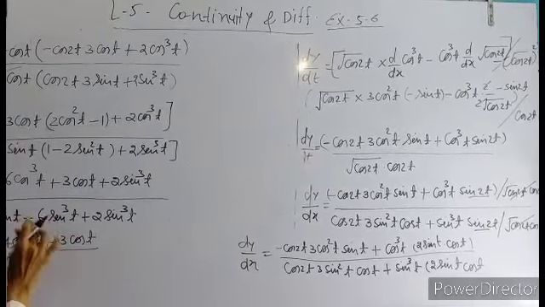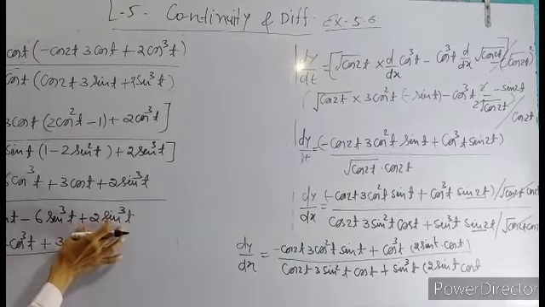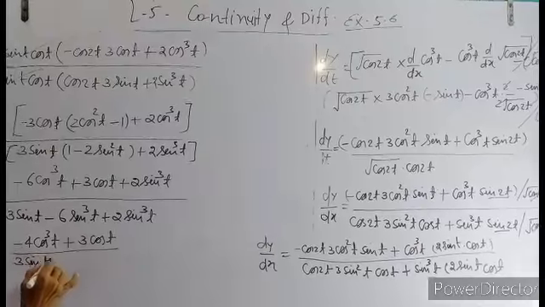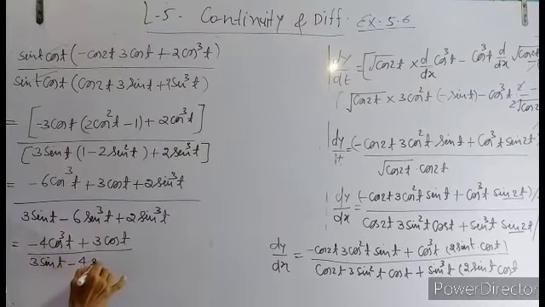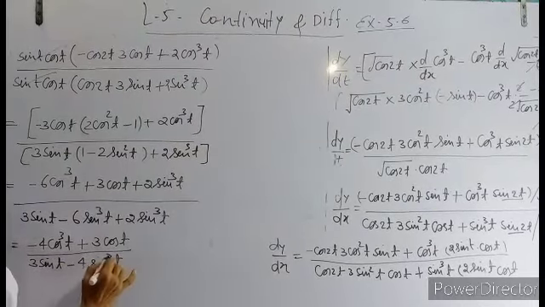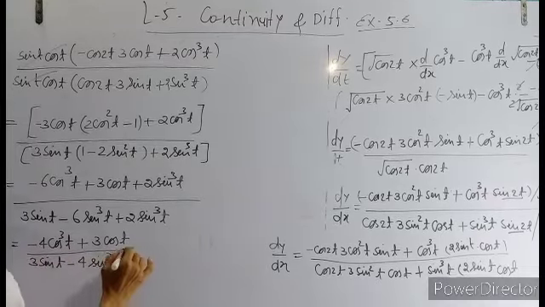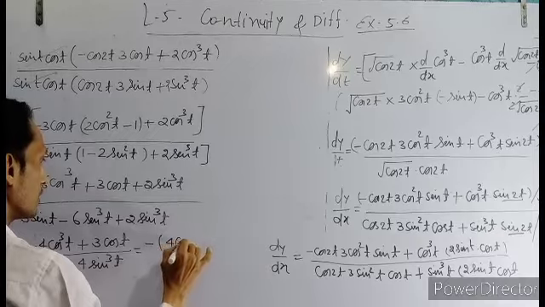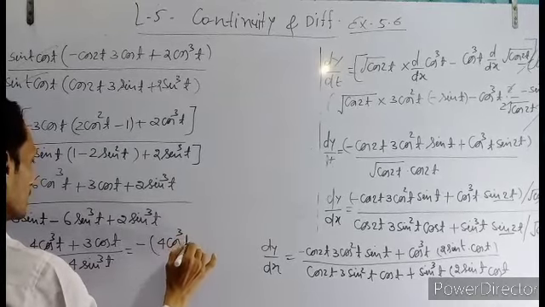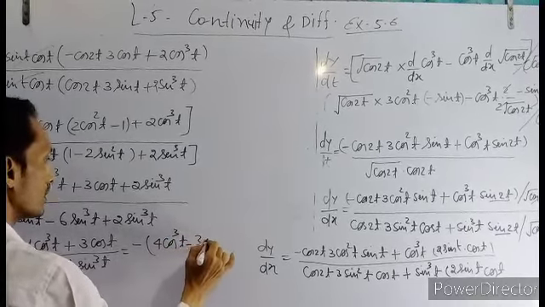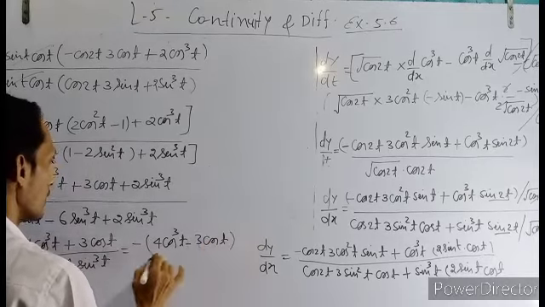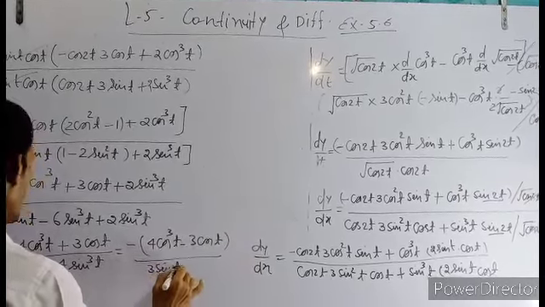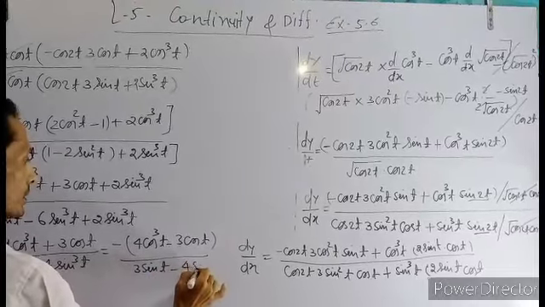Similarly in the denominator, this will simplify: 3 sin t minus 4 sin cube t. If we take out the minus common, there will come 4 cos cube t minus 3 cos t upon 3 sin t minus 4 sin cube t.